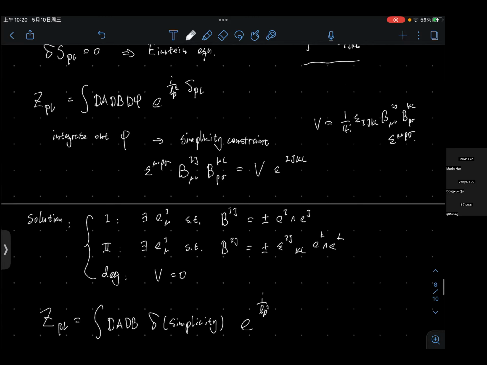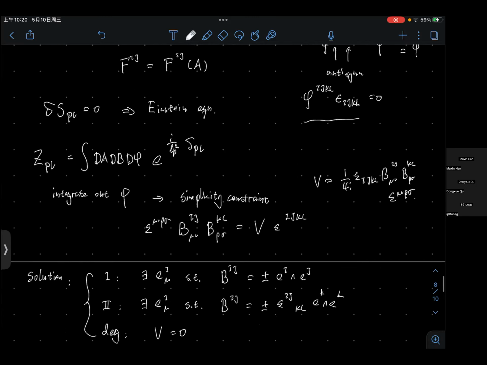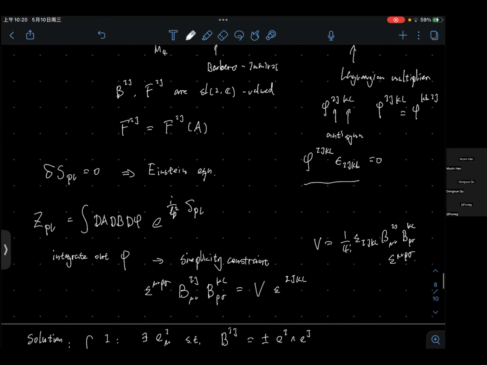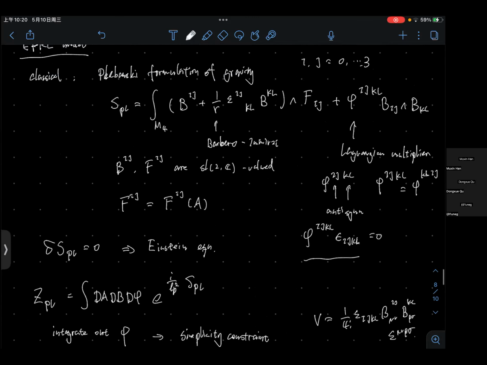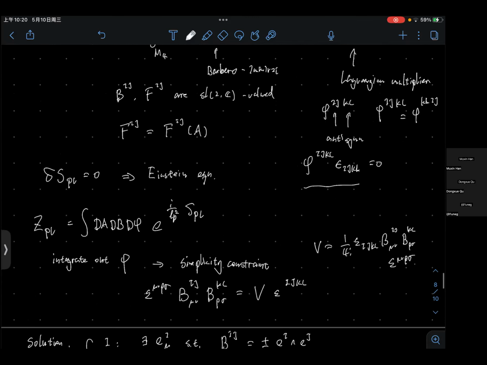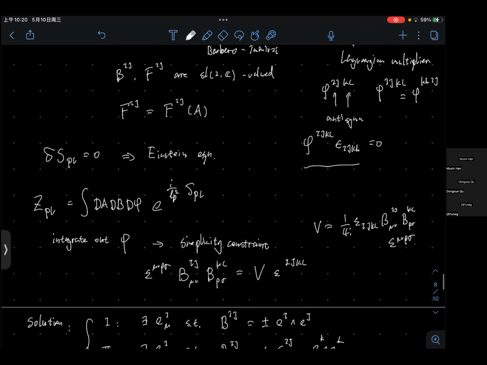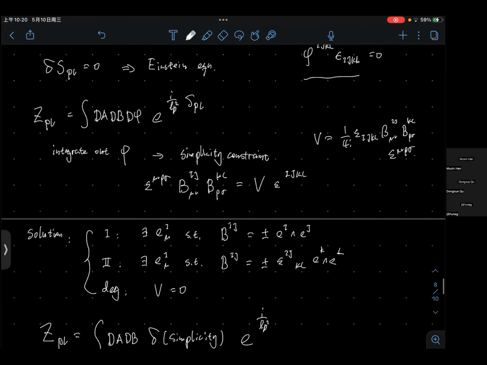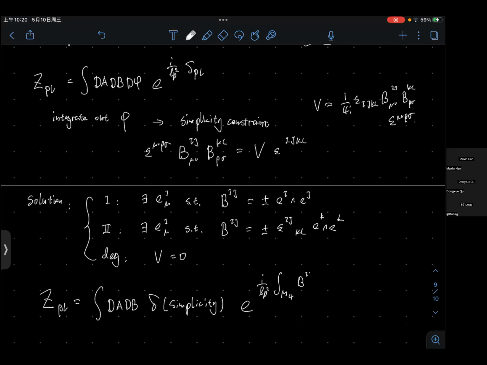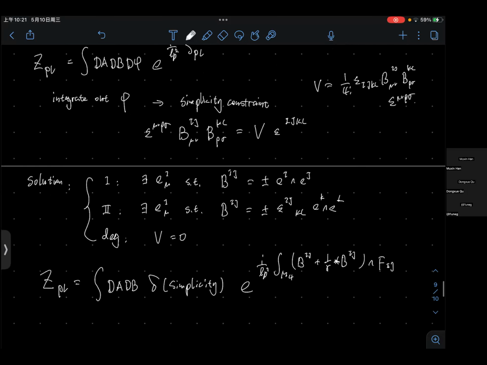Now, because you integrate out phi, on the exponential you only have this BF part: the integral of (B_{IJ} + 1/γ star B_{IJ}) wedge F^{IJ}.